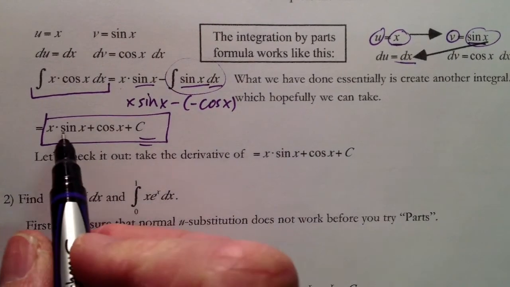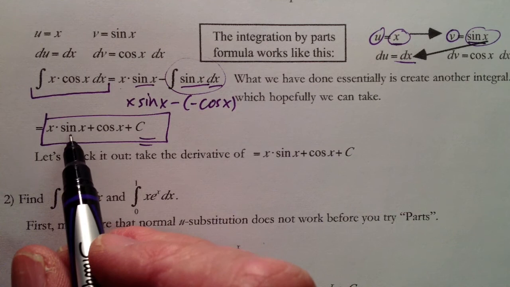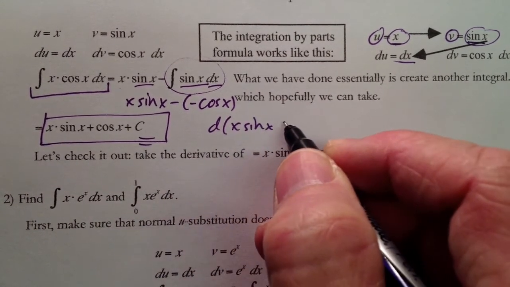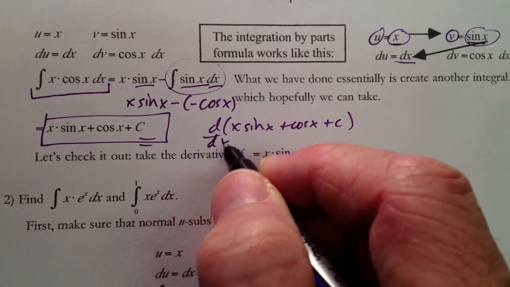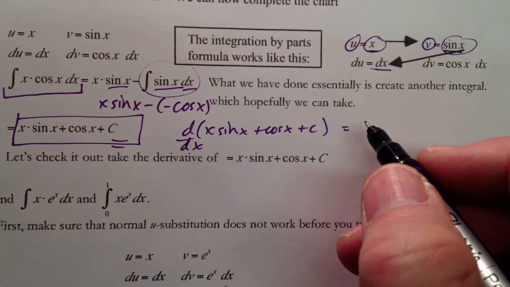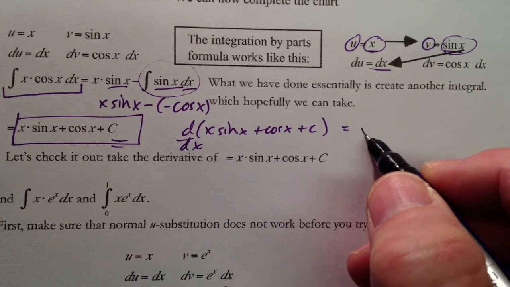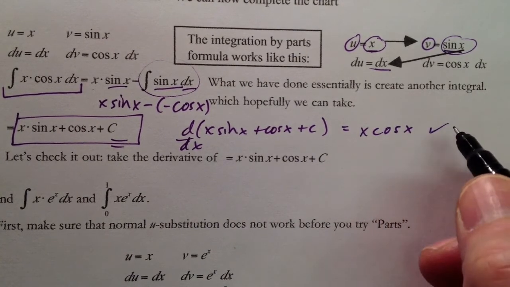Now, if you wanted to take the derivative of this function here, the derivative of x sine x plus cosine x plus c with respect to x, if you do the work, I'm not going to do the work now, but the derivative of that function is x times the cosine of x. Okay? So that checks out.